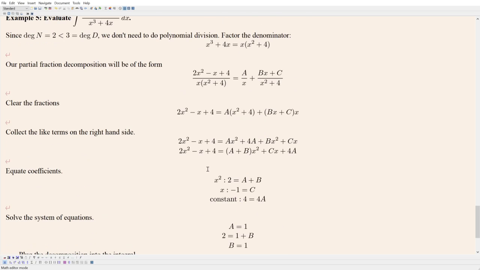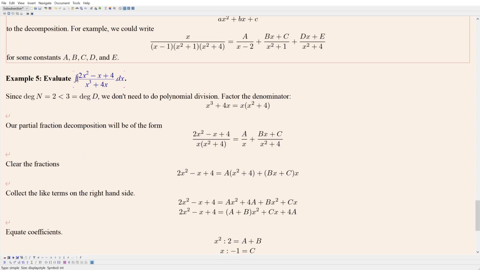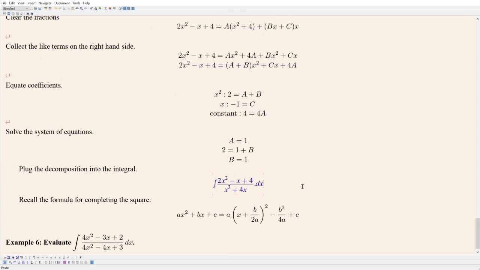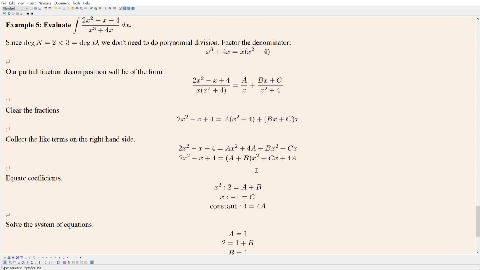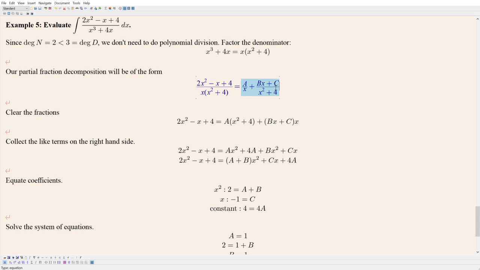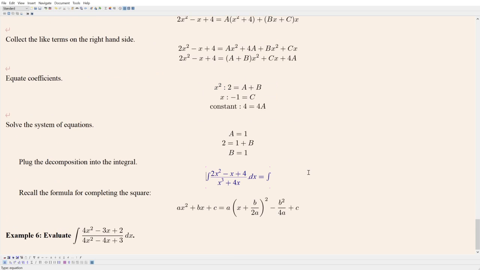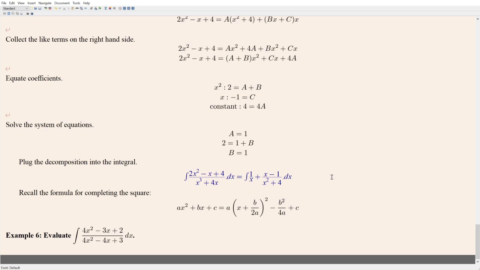So now plug the decomposition into the integral. This was the decomposition, where a turned out to be 1, b turned out to be 1, and c turned out to be -1. Like so.